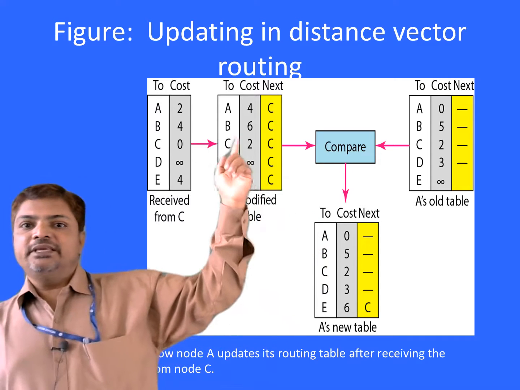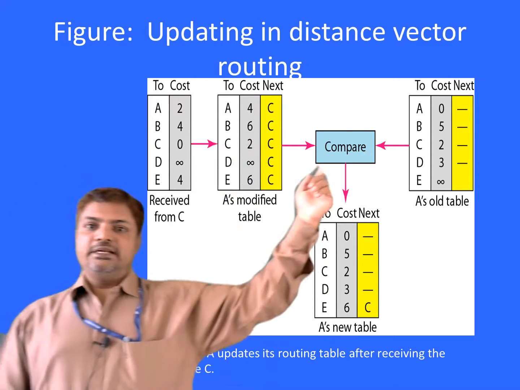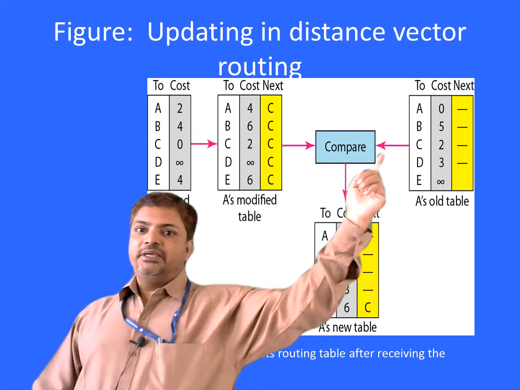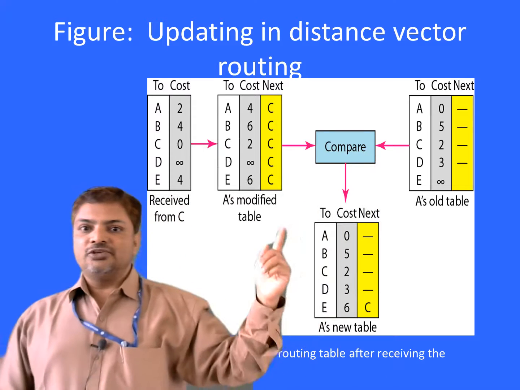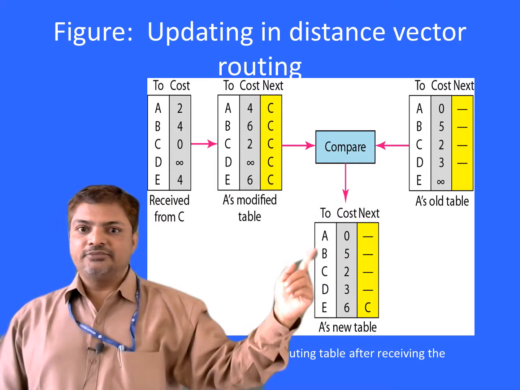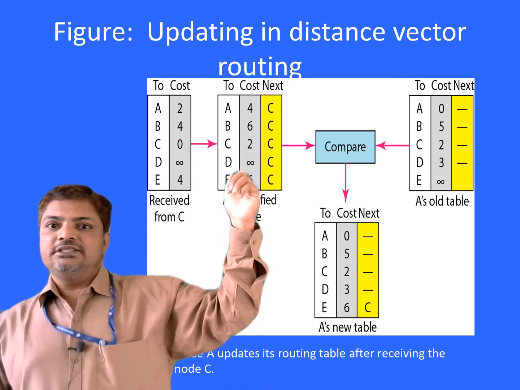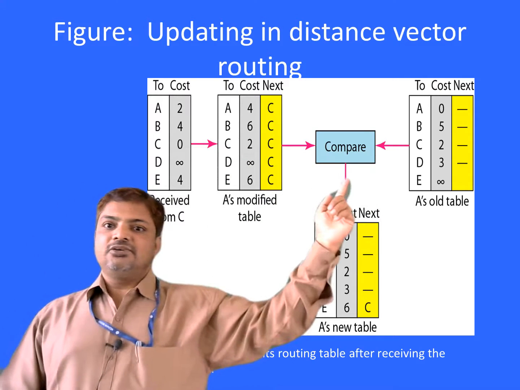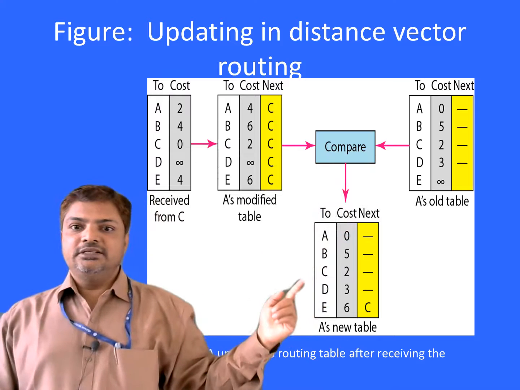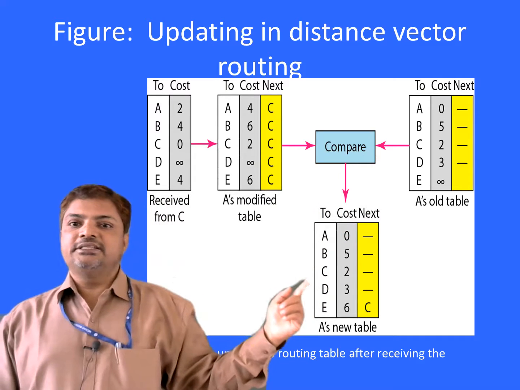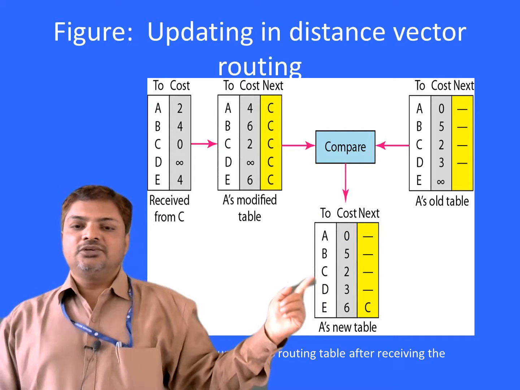From A to B is 6 here, but here A to B is 5. So the minimum cost is kept. A to B is 5. From A to C, the cost is 2 in both, so the old entry is kept. A to C, the cost is 2.